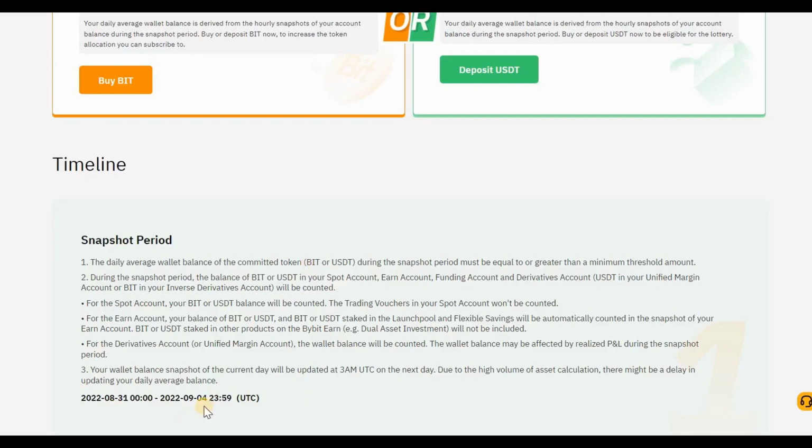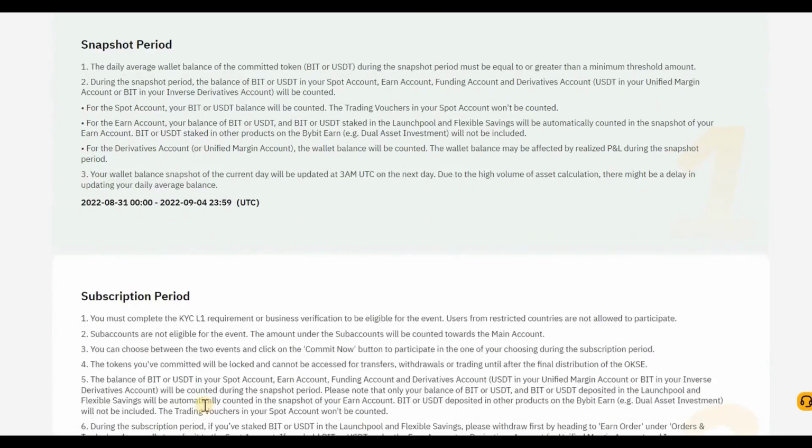The next section right here is the subscription period. In this period, this is where you are going to commit a certain number of BIT tokens or USDT to get these newly listed coins. You can see right here, it would be locked and cannot be accessed for transfers, withdrawals, or trading until after the final distribution of the OKSE token.